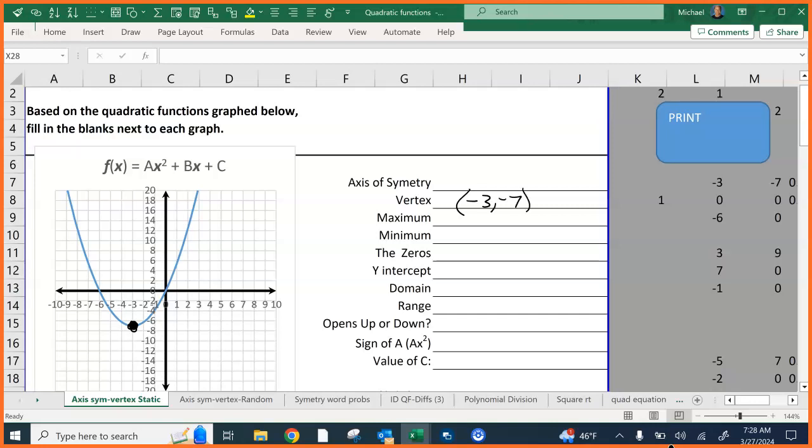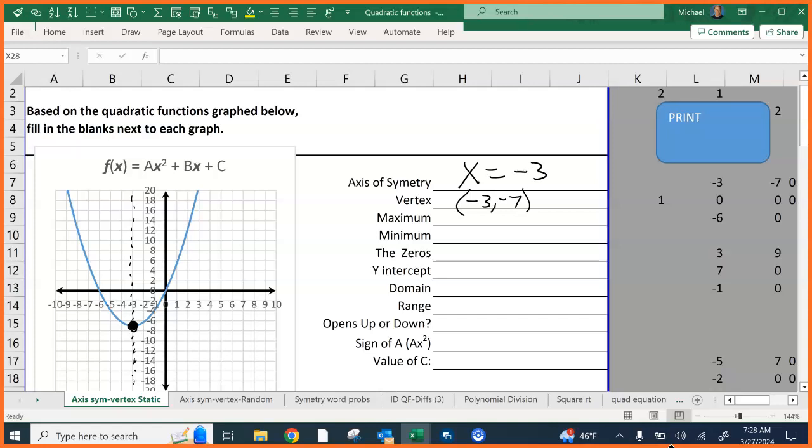Okay, good. Now the axis of symmetry is a line that vertically goes directly through the vertex. So I'm drawing a dashed line right there. Now, how do you list it? It's basically x is going to be equal to -3.